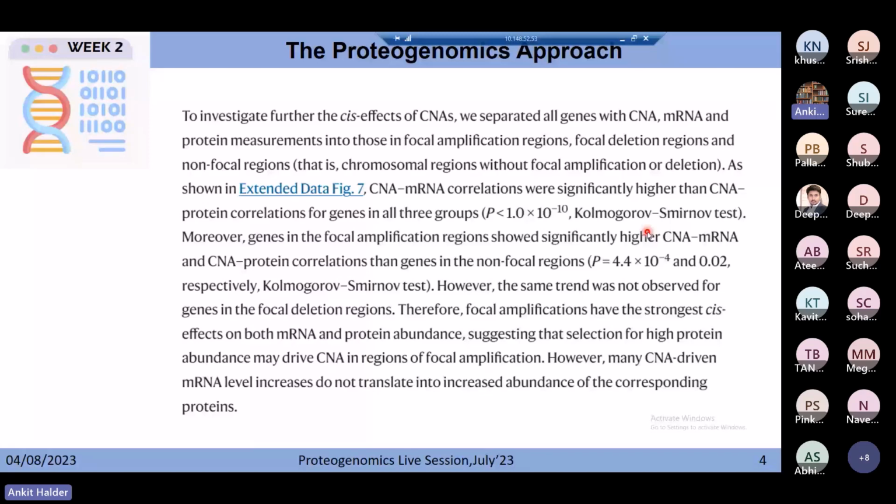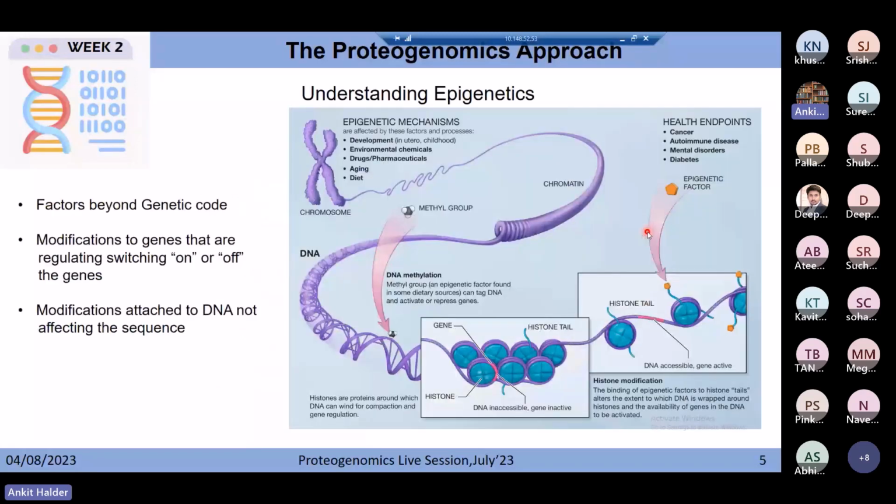So now in the proteogenomics approach, in these both techniques, one major role in gene transcription and regulation is played by epigenetics. So what is epigenetics? Whatever is happening in the DNA sequences is not the only factor that gets transcribed and translated at the protein level.